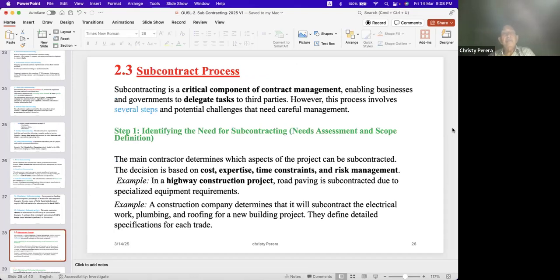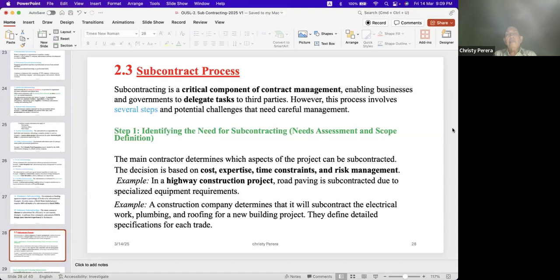Now we will come to the subcontract process. What is the process of subcontracting? Subcontracting is a critical component of contract management. That is correct. Enabling business and governance to delegate tasks to third parties.